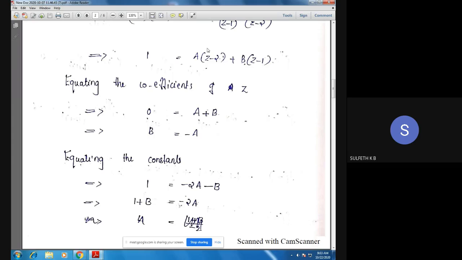In RHS, when we expand these terms, what will we get? az minus 2a plus bz minus b, right? Yes. Then what are the constant terms in RHS?